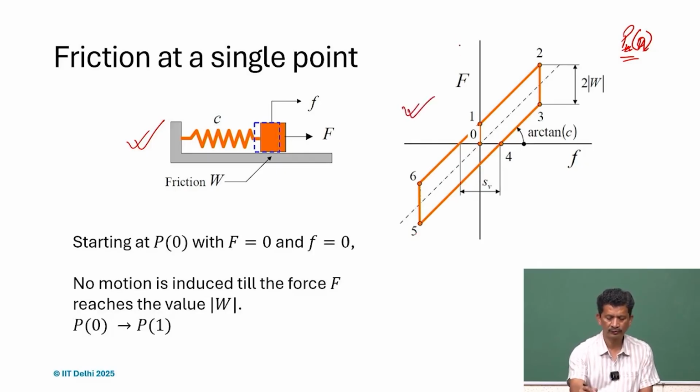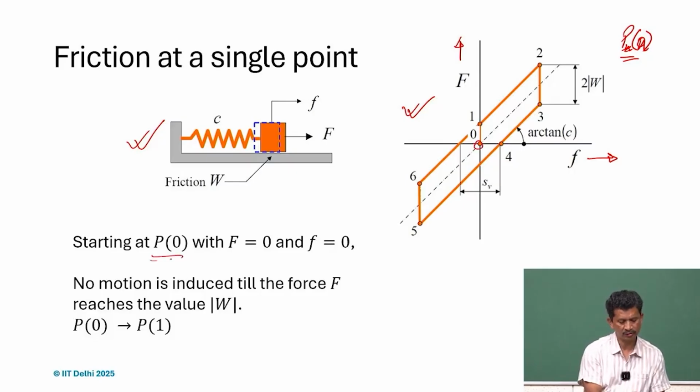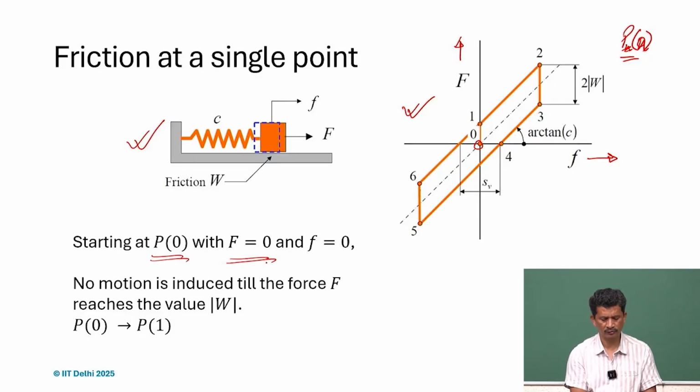So if we try to plot the external force versus the displacement, the deflection, in this case, we realize that when we are at this point P0, of course there is no force, force is 0, there is no displacement also. What happens in this case?